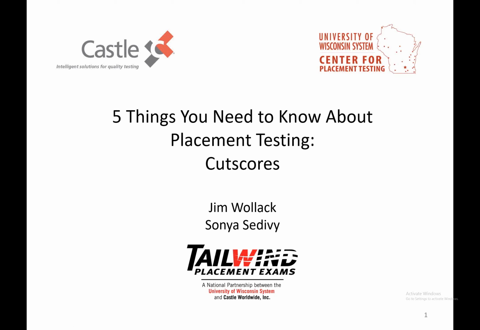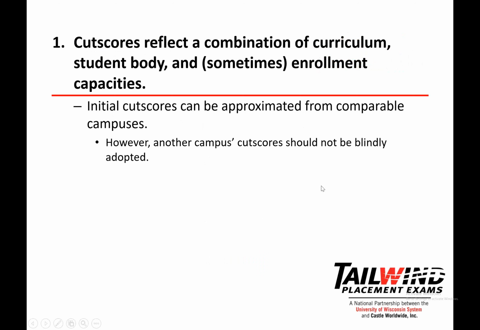Thank you, Patrick, and thank you to everyone for joining us for today's webinar on Cutscores. So the first thing that we'd like you to know, our first point with regards to Cutscores, is that Cutscores really reflect a combination of the curriculum on the campus, the student body, and sometimes the enrollment capacities.